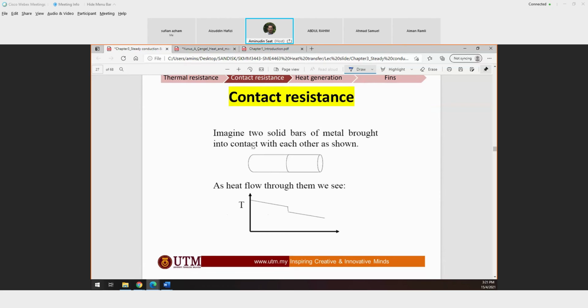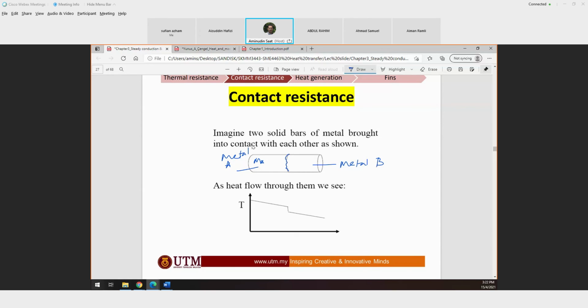Let's say you have this metal A, this is metal B, and this is metal A. So you want to combine these, whether using a welding process, a pressing compress, a glue, or any kind of adhesive.